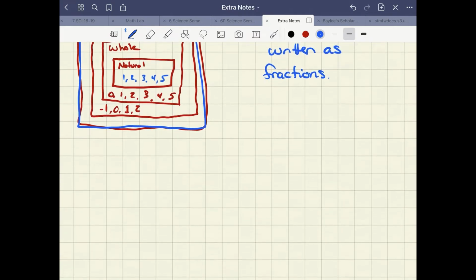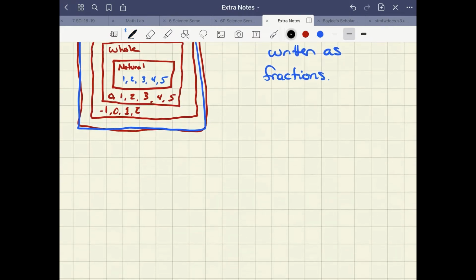Okay, so I'll give you an example of some rational numbers. If you took the value 4.4, you might be thinking, well, that's not a fraction. Well, actually, that's not entirely true. You could always convert 4.4 into a fraction.